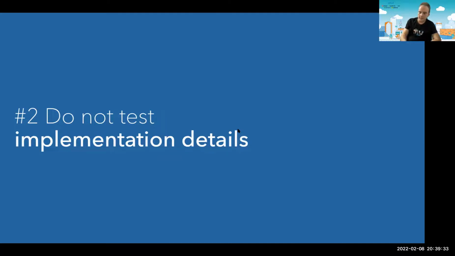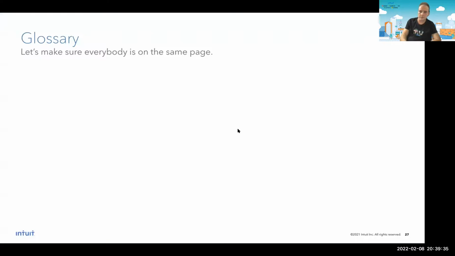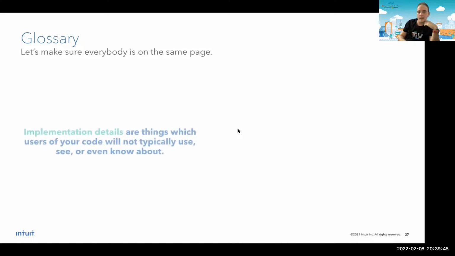But before speaking about implementation details, let's make sure that everybody is on the same page. I want to introduce some vocabulary. Sorry, it's hard to speak so much during 1 hour. So implementation details are things which users of your code will not typically use, see, or even know about.